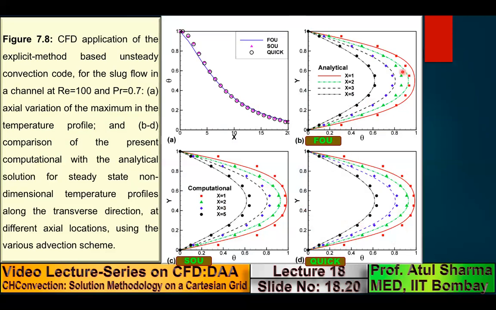The point to note is that if you compare the red solid line and red symbol, and then the green solid line and green symbols corresponding to the locations near the inlet, x equal to 1 and x equal to 2, and compare the result obtained from first order upwind versus QUICK, you can see that in the QUICK scheme there is a much better agreement on the same grid size. Note that all these results have been obtained on the same grid size, 22 by 11.